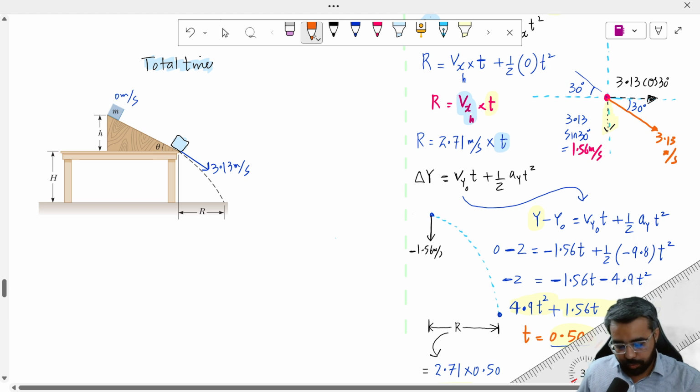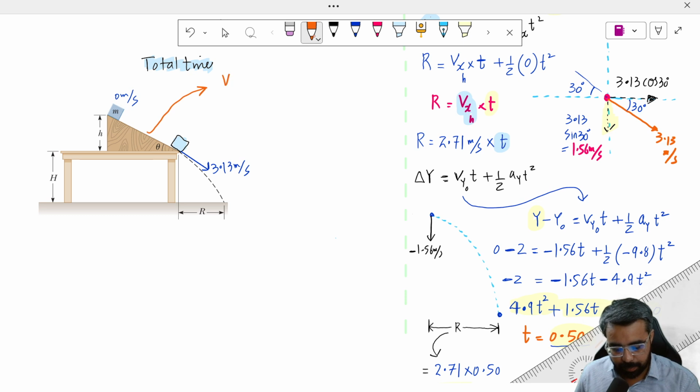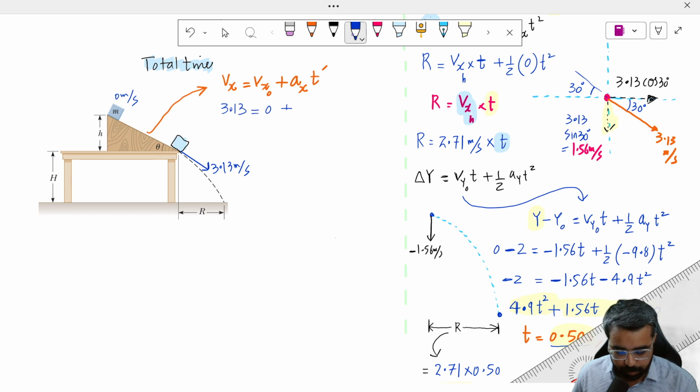Students, to find the time during this motion, we can simply apply this equation. Final velocity is equal to the initial velocity along the x-axis plus acceleration along the x-axis times the time taken, let's say t prime. What was the final velocity? That is 3.13 is equal to 0 plus acceleration, which you remember was 4.9 t prime.